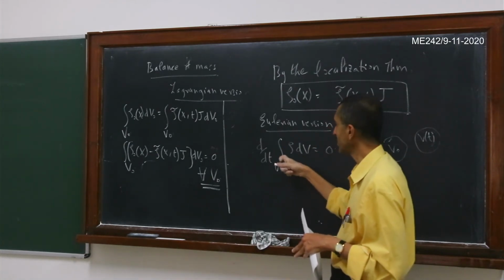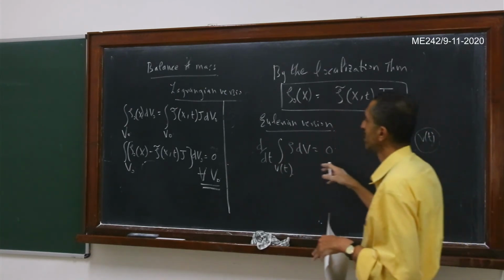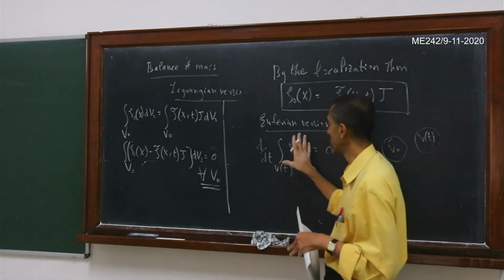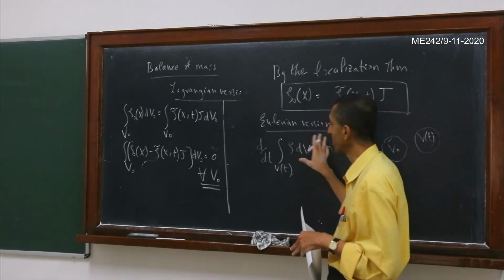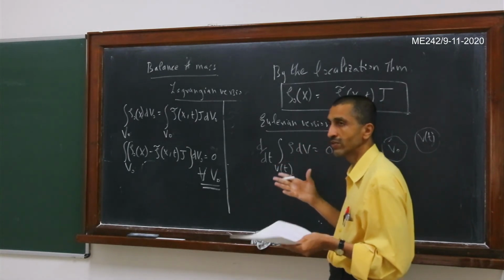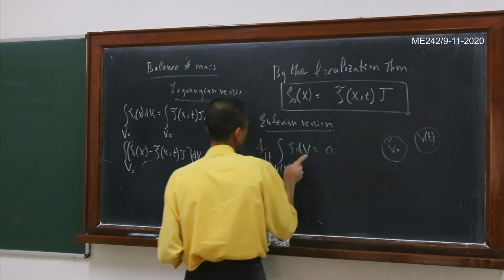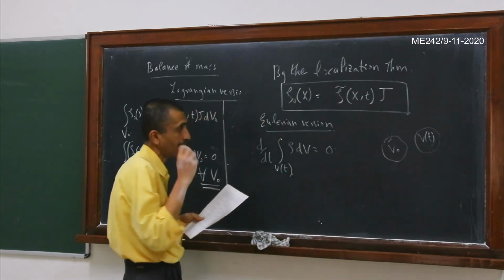As this material volume evolves in time, the rate of change of this quantity is equal to 0, because this quantity is a constant, right? Mass conservation means that the mass within that material volume remains the same, and so we can write the mass conservation equation in this particular way also.